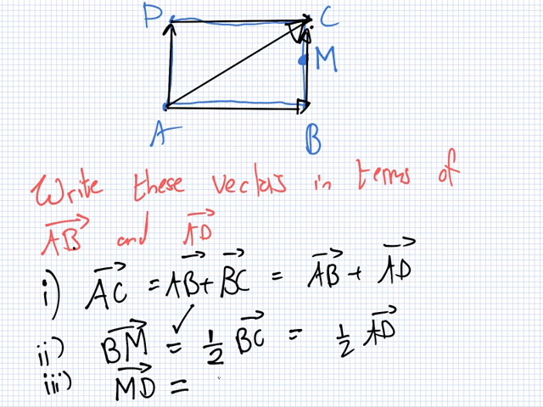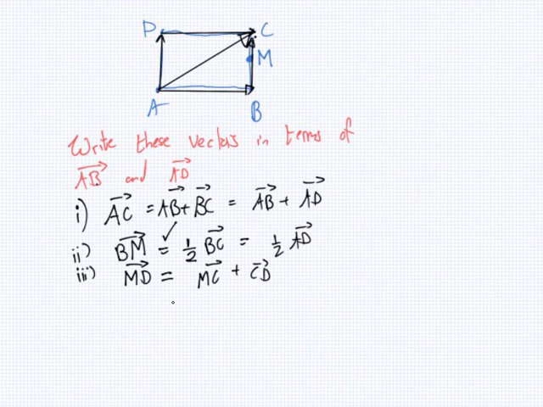Yeah, MD we can say is MC plus CD. But MC is a half BC, yeah. And BC is the same as AD. So we still need to do something about the CD here. But we can see that CD is kind of like AB, except what's the difference between CD and AB?